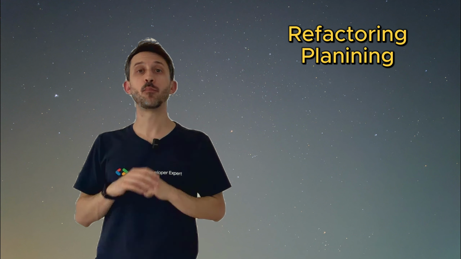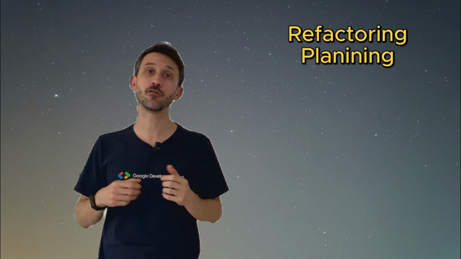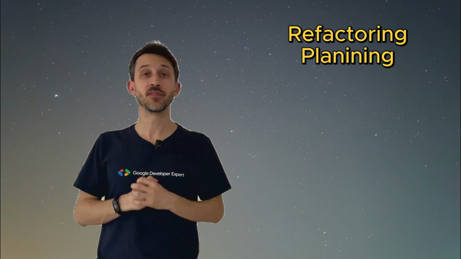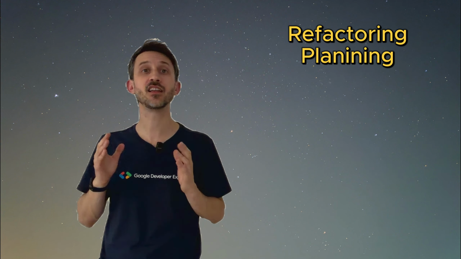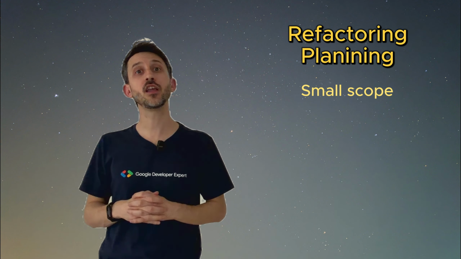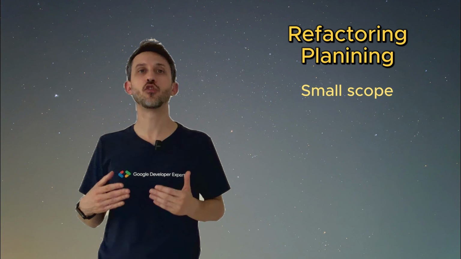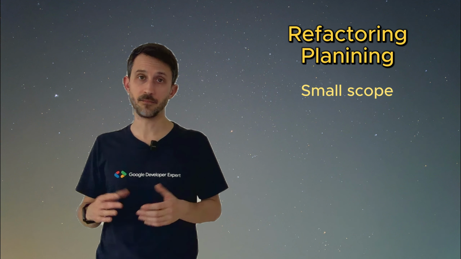If there is one thing I want you to take away from this video, it is this. Planning before starting a refactoring is essential if you want predictable, high-quality results. The key is to keep the overall scope of the refactoring small, focusing only on a limited set of related files. This naturally follows when you refactor continuously.